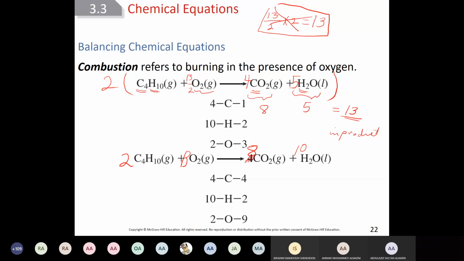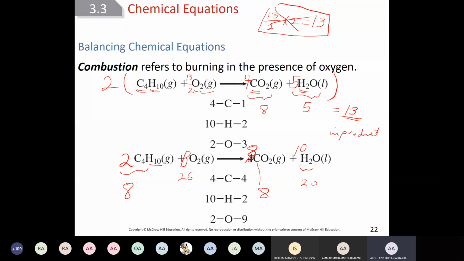How many carbons do we have on this side? 8. How many carbons do you have on this side? 8. How many hydrogen? I have 2 times 10, 20. How many on this side? 20. How many oxygen do I have here? 26 on this side.